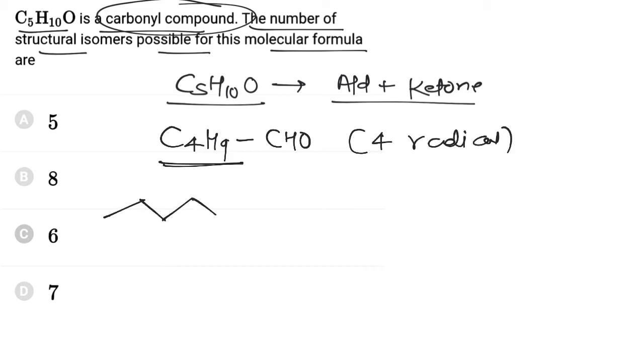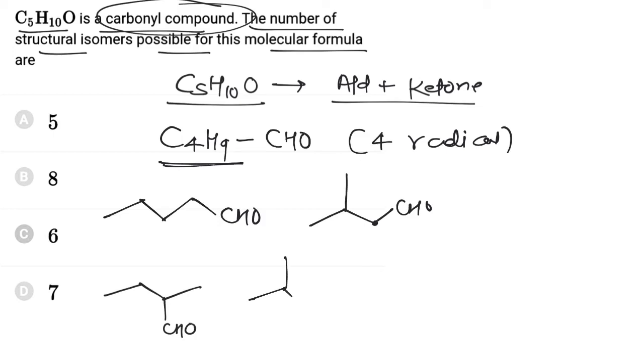Now from C4H9 we can draw 4 radicals, so a total of 4 aldehydes are possible. Number 1, when the normal butyl group is present. Number 2, when CHO is attached to isobutyl, when CHO is attached to secondary butyl, and when CHO is attached to tertiary butyl. So 4 aldehydes are possible.